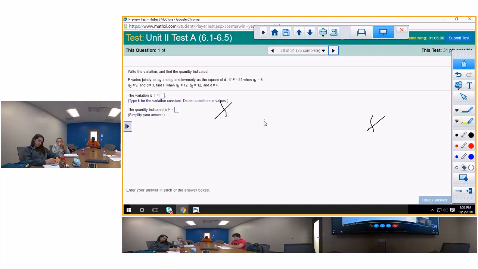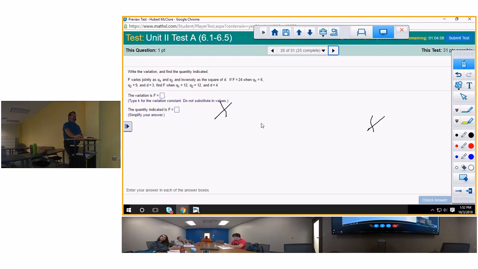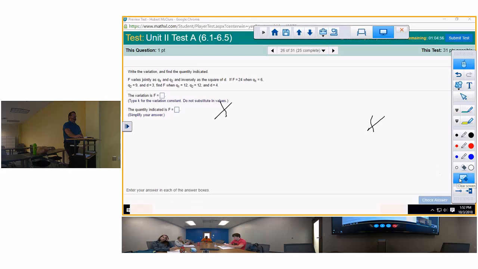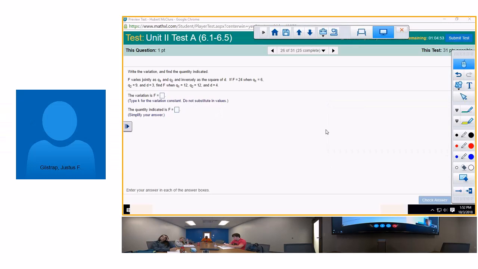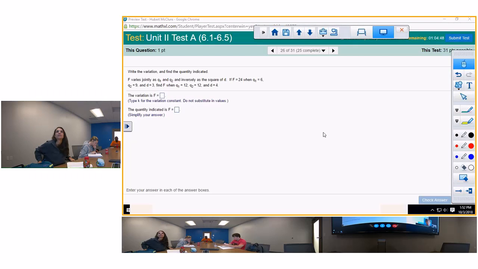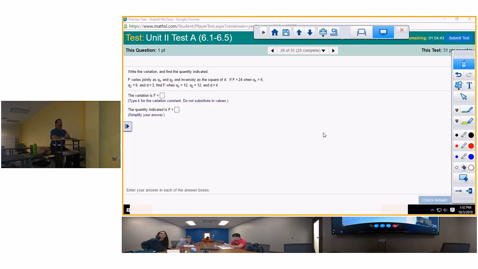Write the variation and find the quantity indicated. Go ahead. We'll let y'all work on that one. F varies jointly as Q sub 1 and Q sub 2, and inversely as the square of D. F is equal to blah, Q1, Q2, and D. That's part 2.